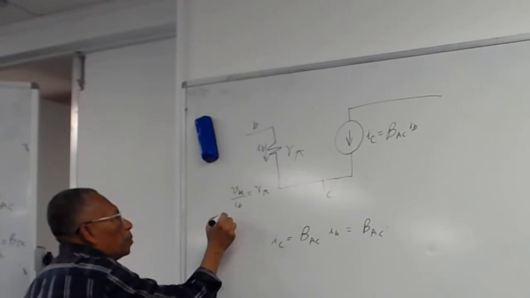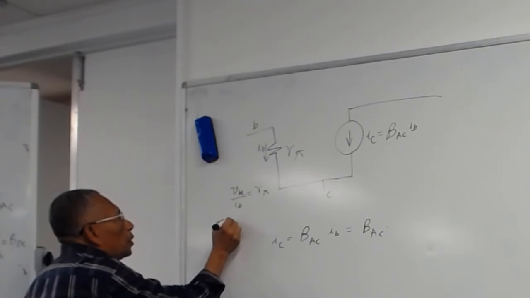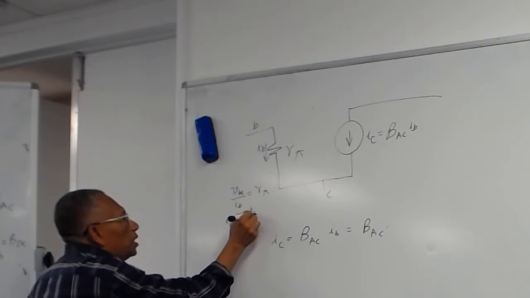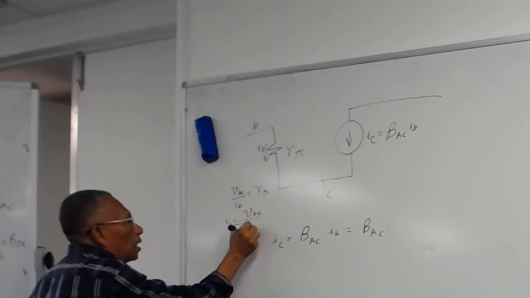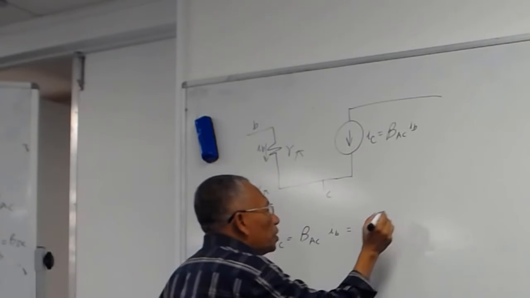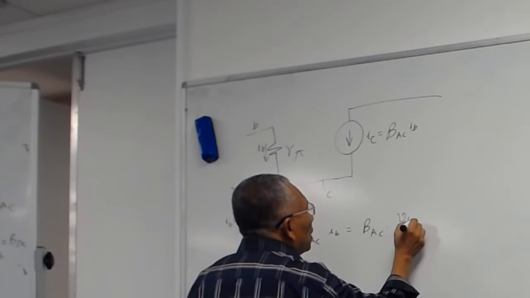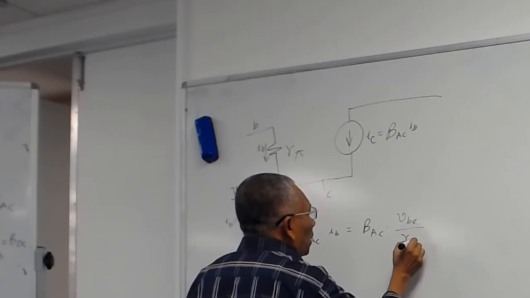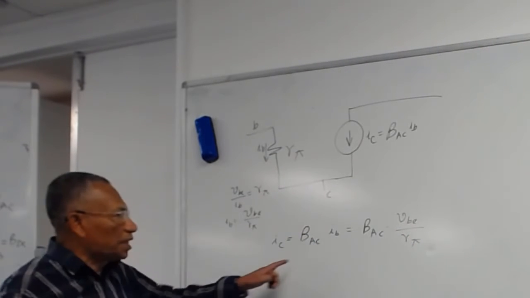So IB equal to VBE divided by R pi. So this is equal to beta AC into VBE divided by R pi. So now we got IC in terms of VBE.